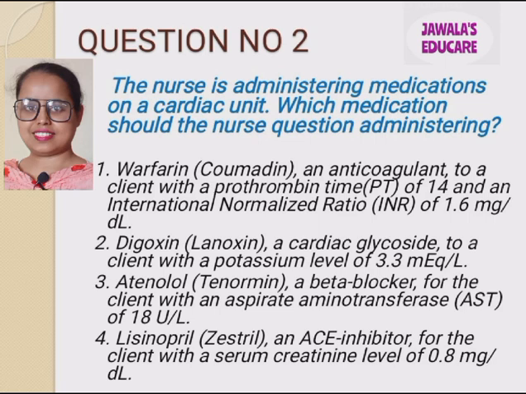Second, the digoxin, a cardiac glycoside, to a client with a potassium level of 3.3 milliequivalent per liter. Third, atenolol, a beta blocker for the client with an aspartate aminotransferase of 18 unit per liter. Fourth, lisinopril, an ACE inhibitor for the client with a serum creatinine level of 0.8 mg per dl.